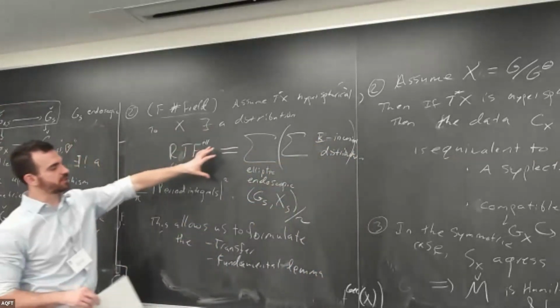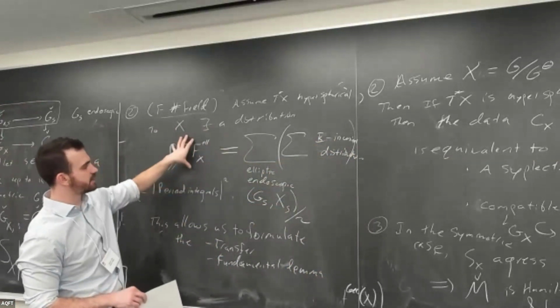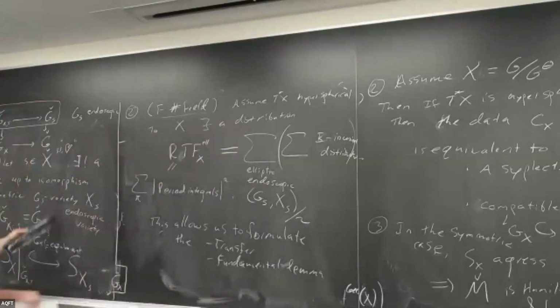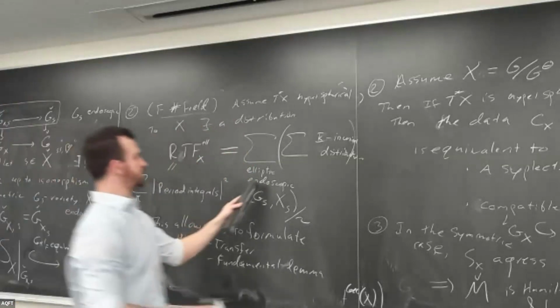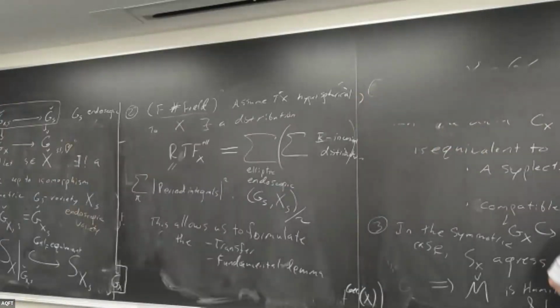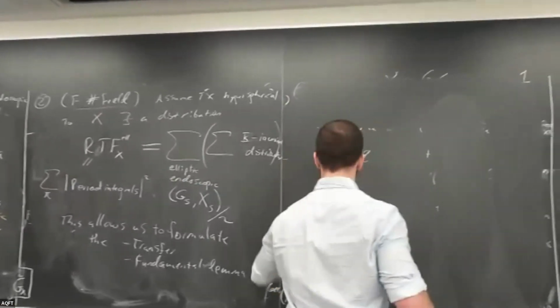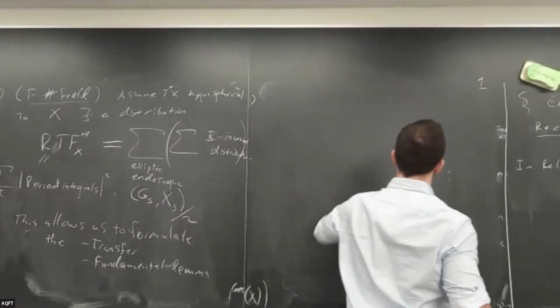And so this is the first critical step towards developing a notion of a stable relative trace formula. And it boils down to just asking, can we appropriately define this notion of endoscopic datum? Okay, so I have 5 minutes. Let me just say a few things about this.